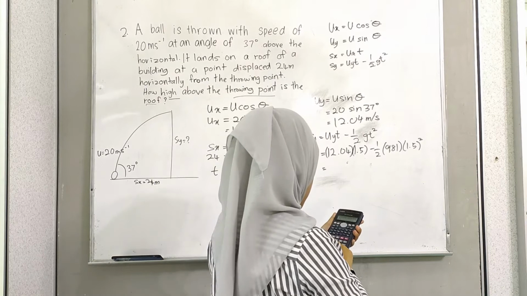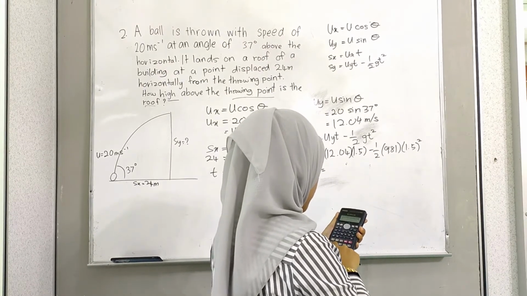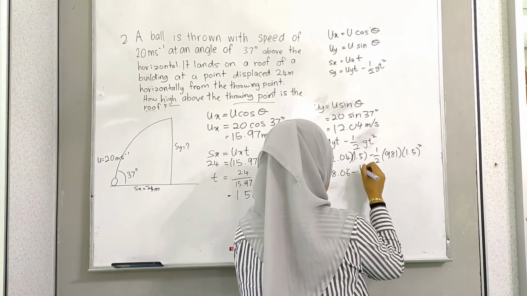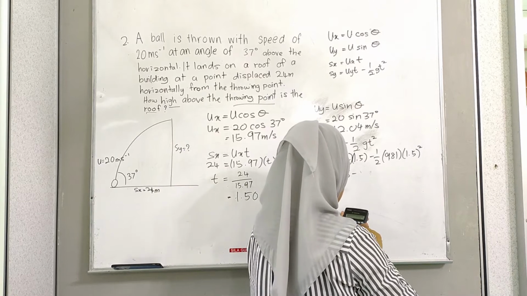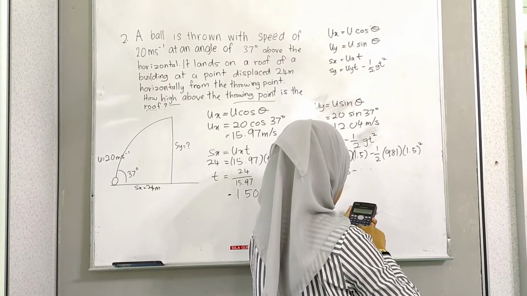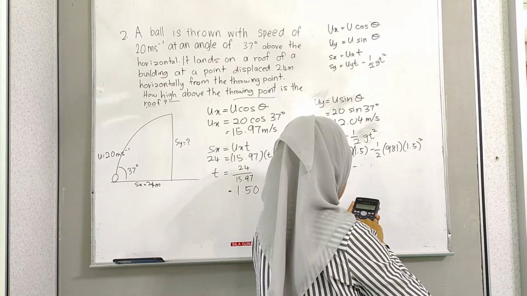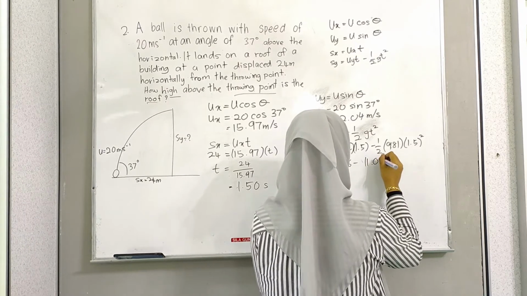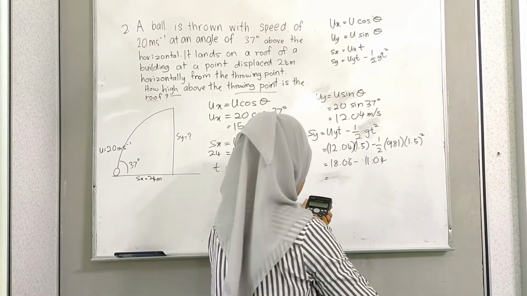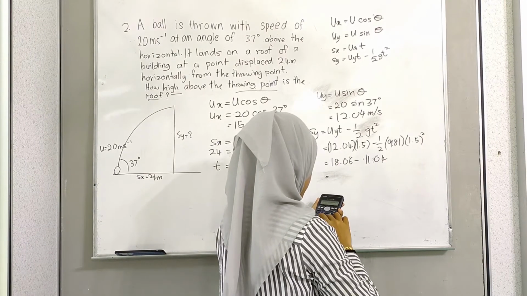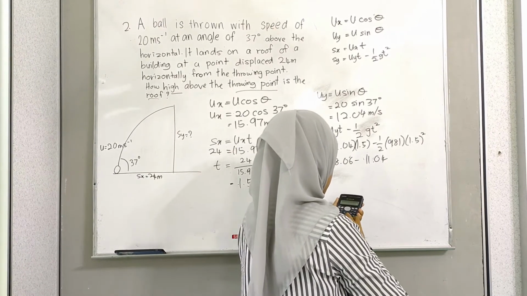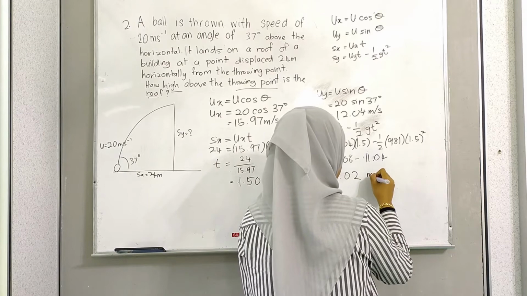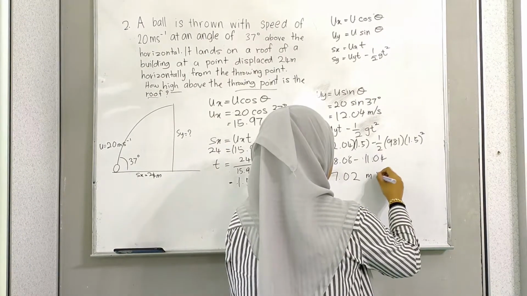So 12.04 times 1.5 minus, and the answer is 7.02 meter. We got the answer.